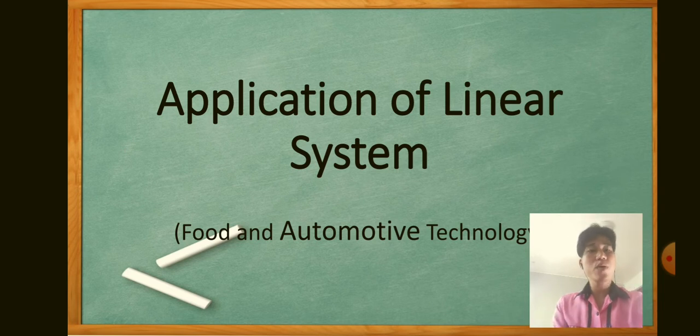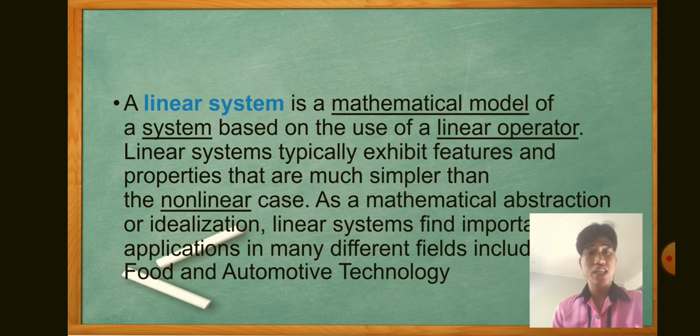So now we will move to application of linear system in food and automotive technology. A linear system is a mathematical model of a system based on the use of linear operator. Linear systems typically exhibit features and properties that are much simpler than the non-linear case.